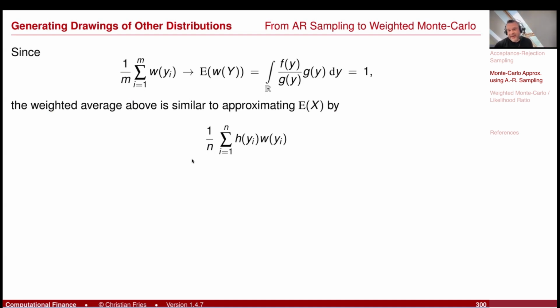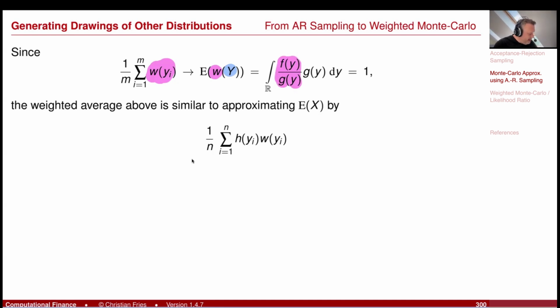First, the thing that is in front converges to 1 because the average of these weights, w, applied to y, this is just the expectation of w of y. So this is just my integral. Okay, what was w? w is density f divided by g.